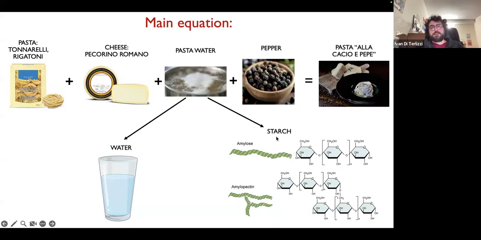Starch is a big polymer which is released from pasta during the cooking process, and the heat gelatinizes it, in the sense that these molecules are usually knotted and found in a globular form, and then the heat unfolds them, and once unfolded they tend to stick together and form networks. This is important for the stability of the sauce, but again, I will postpone more technical details about it to later on.